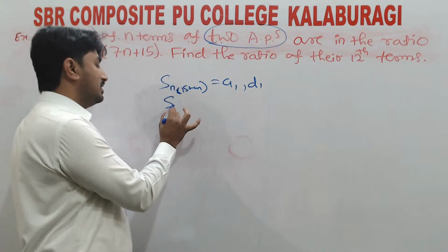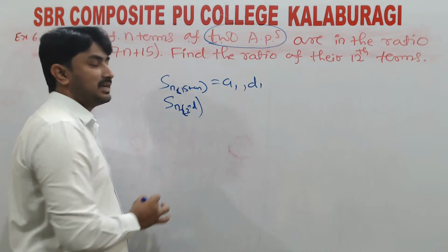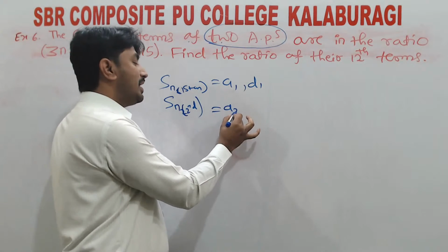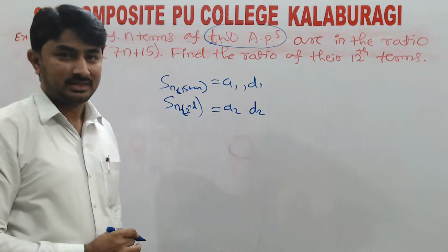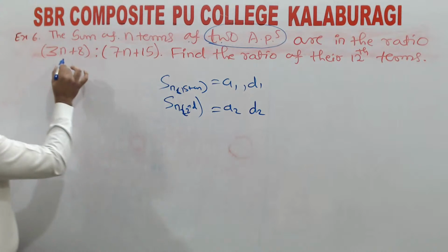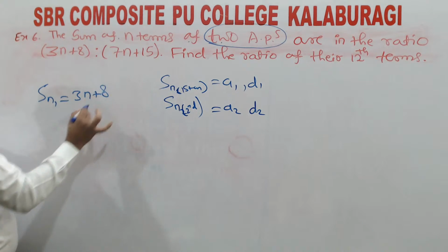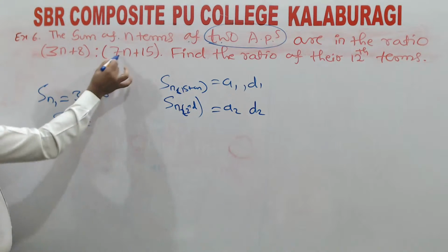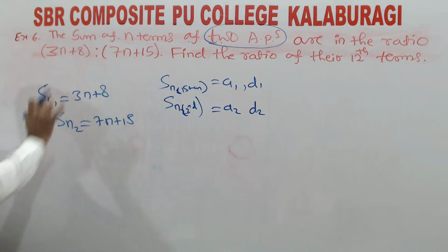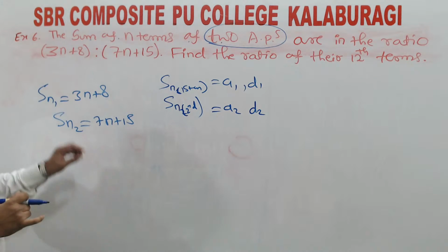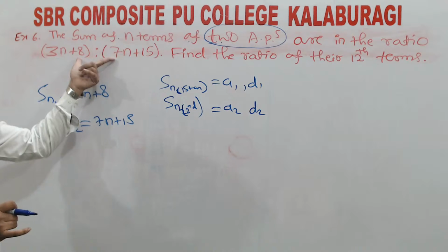Similarly, Sn2 for the second, with A2 as the first term and D2 as the common difference. They are given Sn1 is equal to 3n plus 8 and Sn2 is equal to 7n plus 15 in the ratio, the sums to n terms of two arithmetic progressions.